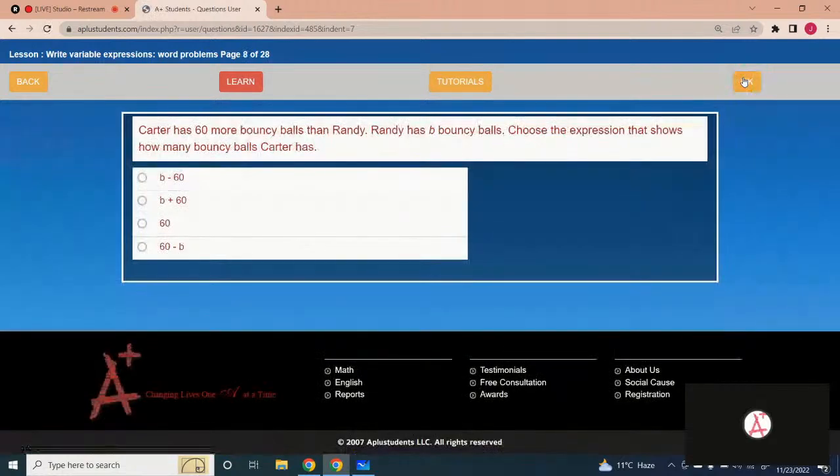Got it? Okay. Carter has 60 more bouncy balls than Randy. Randy has B bouncy balls. Choose the expression.